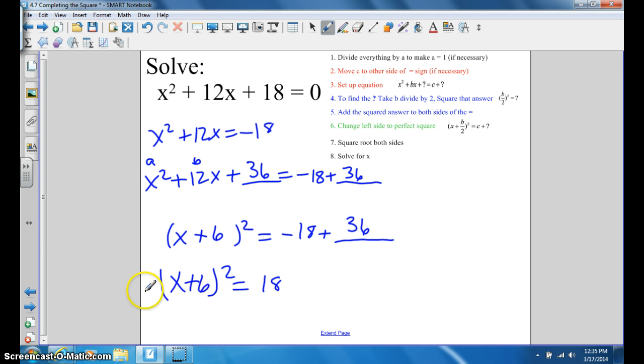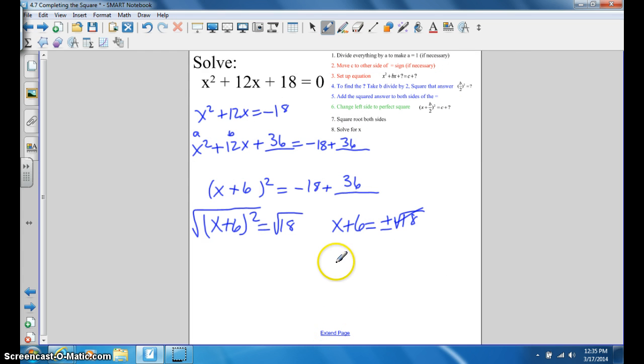Now we need to solve for x. So square root both sides. So we get x plus 6 equals plus or minus the square root of 18. Well, the square root of 18 breaks down to the square root of 9 times the square root of 2, which becomes 3 root 2.